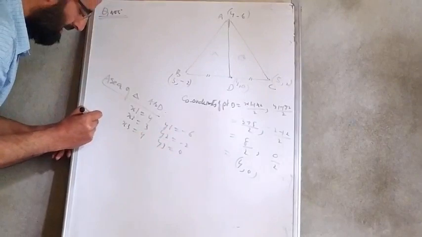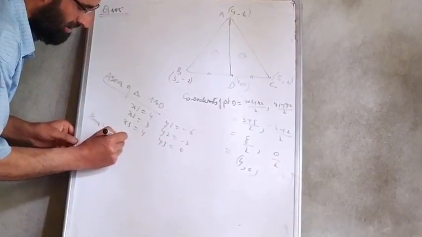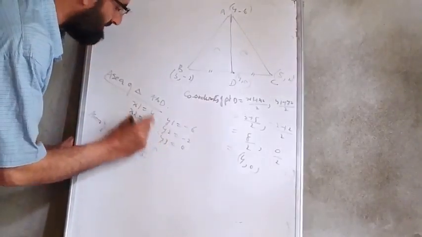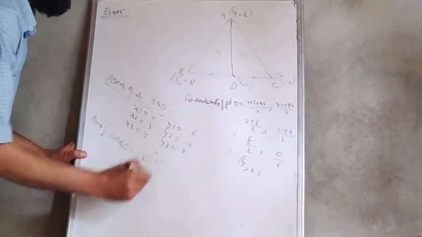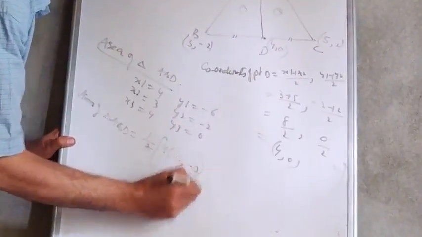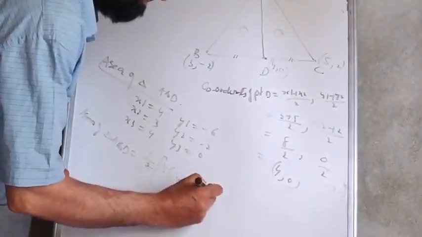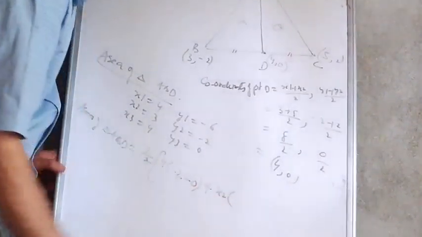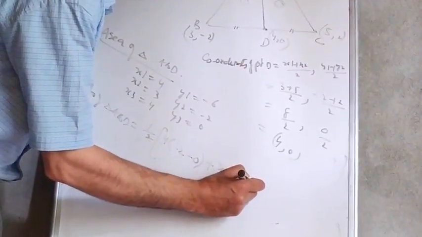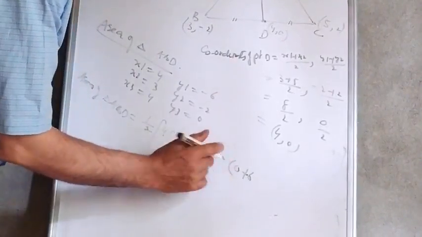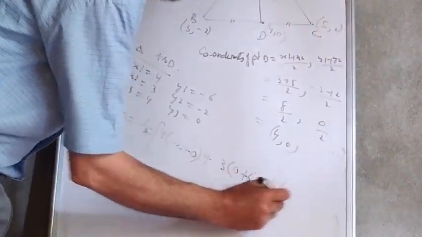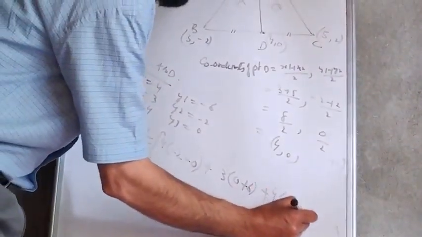Now, area of triangle ABD is equal to 1 by 2 times x1, which is 4, into (y2 minus y3), that is -2 minus 0, plus x2, which is 3, into (y3 minus y1), that is 0 plus 6, plus x3, that is 4, into (y1 minus y2), that is -6 plus 2.